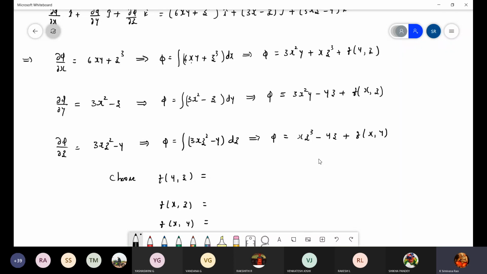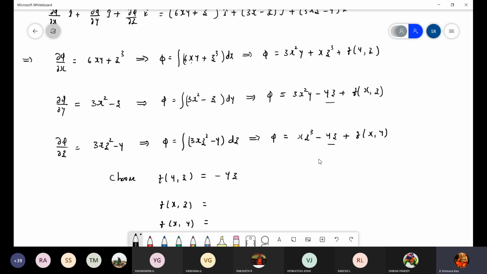Yes, I will give you the time. You choose y comma z: minus yz, only one term. Only one term is available in the second and third. Minus yz, and you should see the other terms also, such that no x is involved.